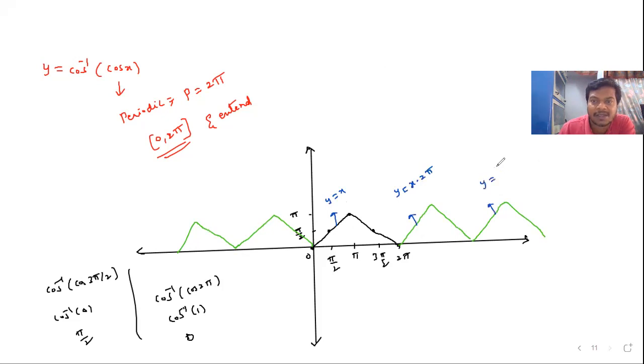This is y equal to x minus 3 pi, and this one y equal to x plus pi. Why? Because x value minus pi.